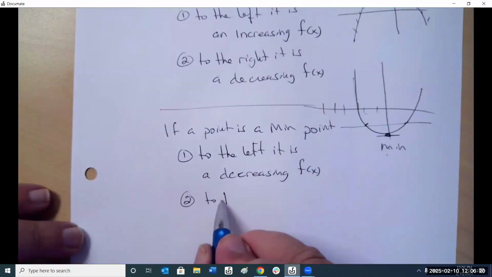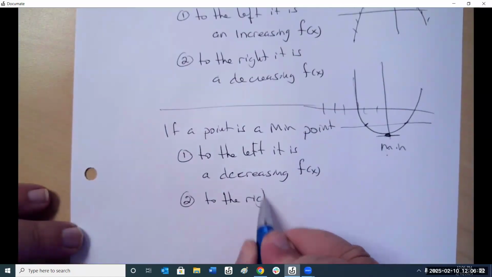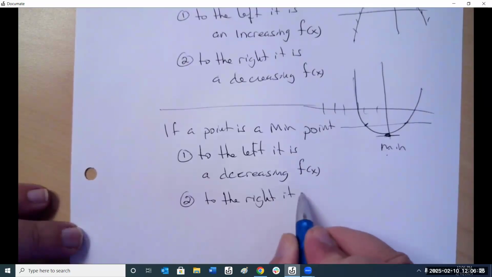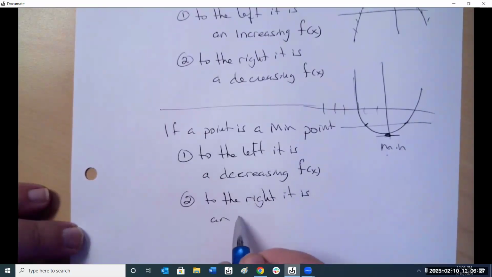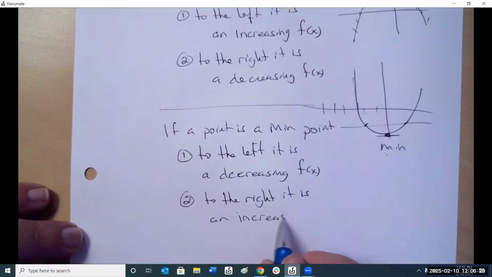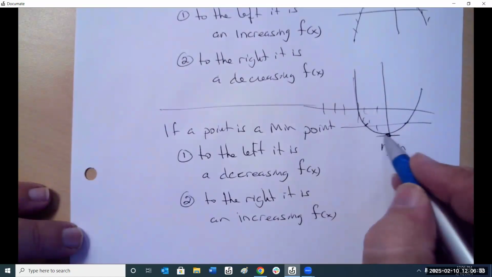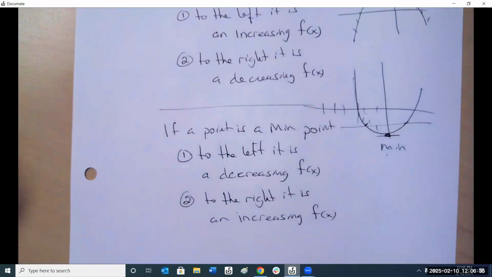To the right, it is an increasing function, because it has to be going down to get to the minimum, and it has to climb back up. Pretty easy.